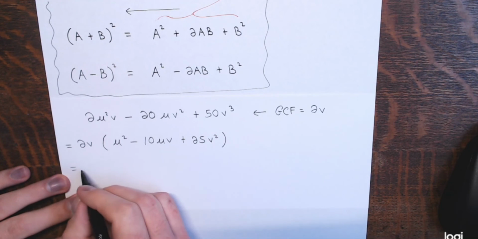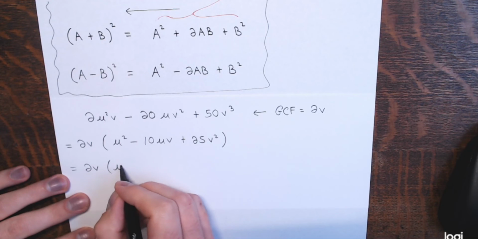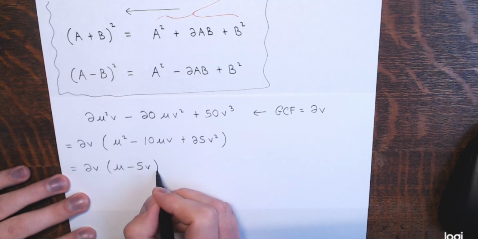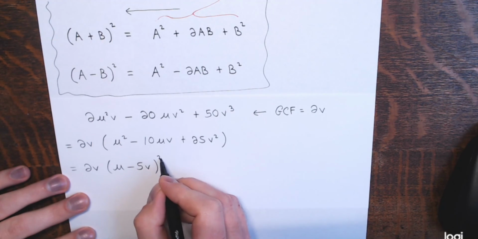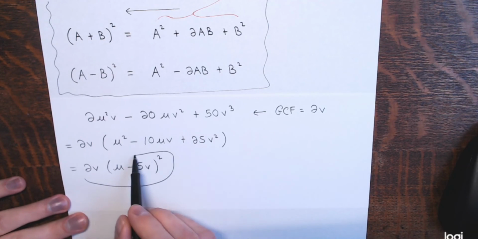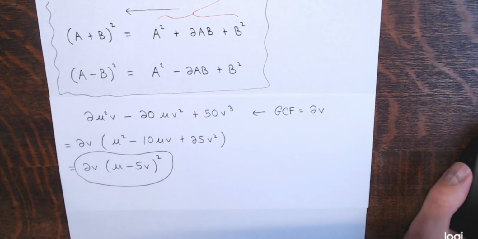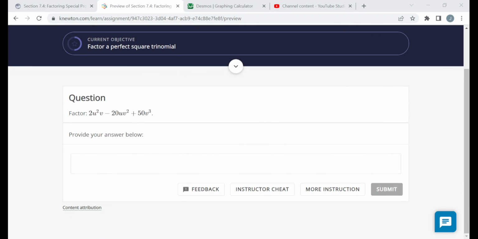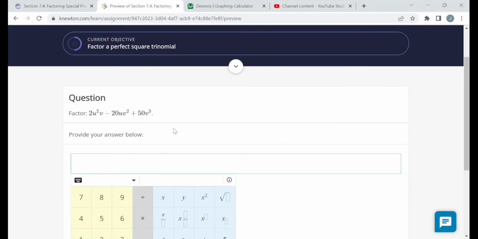So that would factor to u minus 5v times u minus 5v again, right? So the quantity u minus 5v squared. There we go. And that's as factored as that's getting. So the GCF 2v out first times, and then that perfect square trinomial factored to u minus 5v, to the second power.